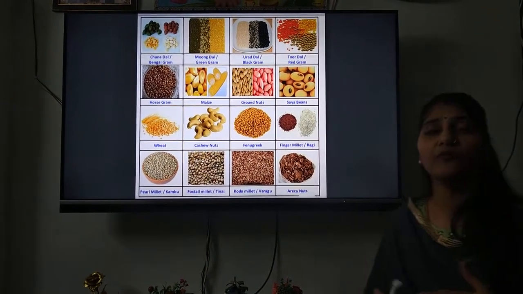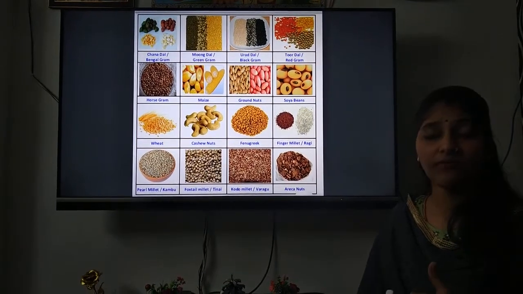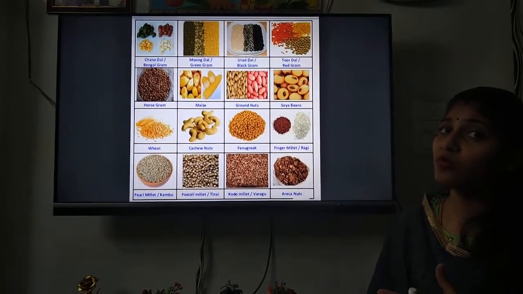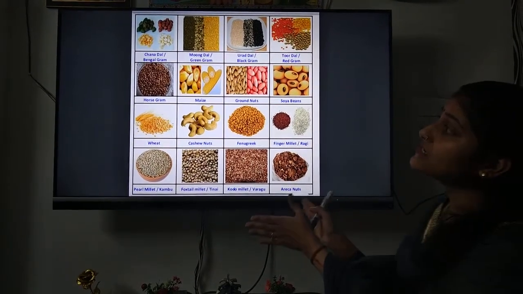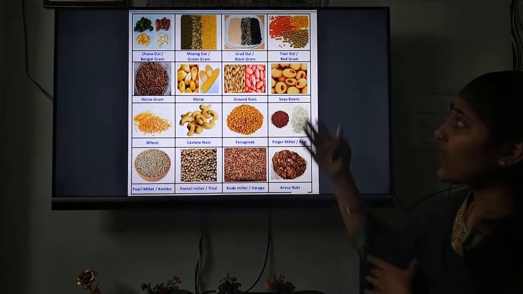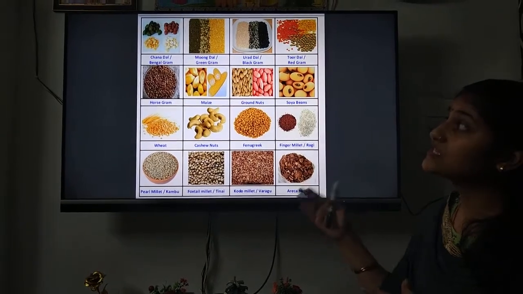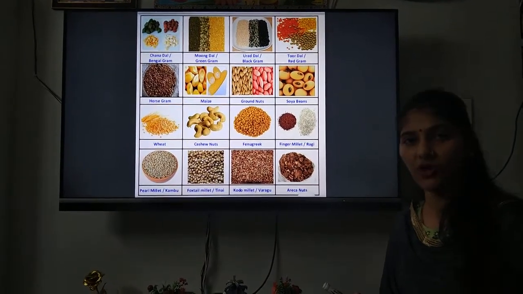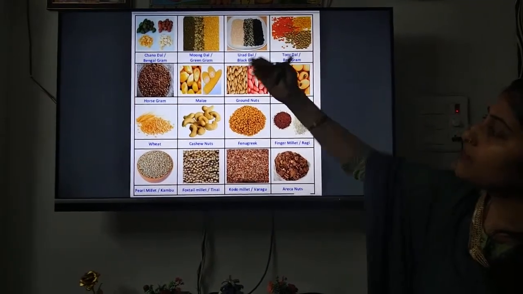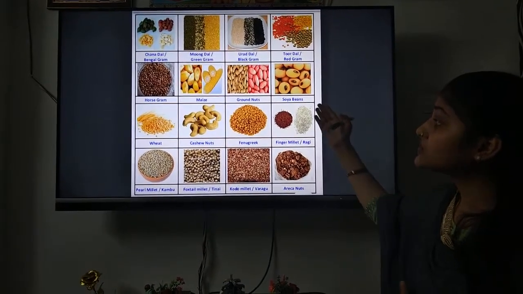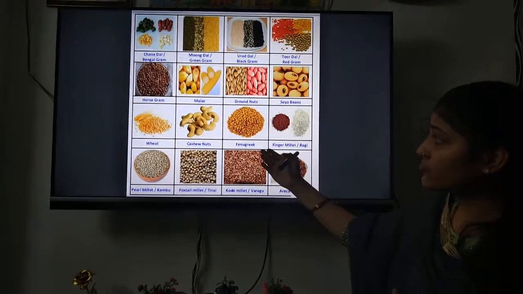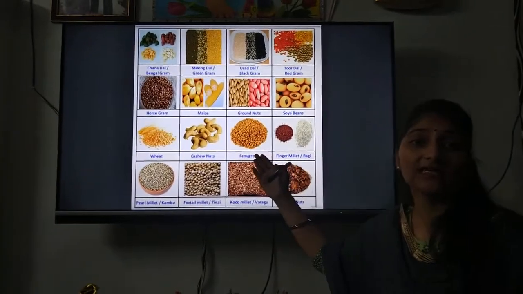Now we have covered leaves, stem, roots. Now coming over to seeds. In this you can see we have so many pulses. These pulses are basically the seeds of a plant. You can see Bengal gram, green gram, black gram, red gram, soya beans, fenugreek, which is used as a spice.